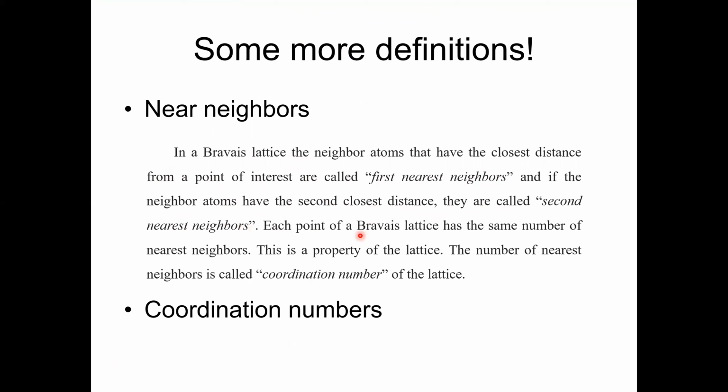Each point of a Bravais lattice has the same number of nearest neighbors, so this is a property of the lattice. The number of the nearest neighbors is called the coordination number of the lattice. We will take a look at examples one by one.